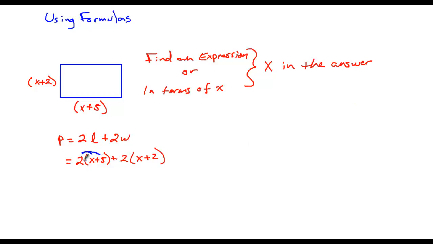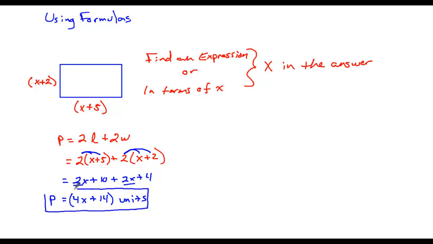You're going to distribute this 2, so you're going to get 2x plus 10 plus, distribute this 2x plus 4. Then we're going to combine like terms and get 4x plus 14. So the perimeter of this rectangle is 4x plus 14 units.